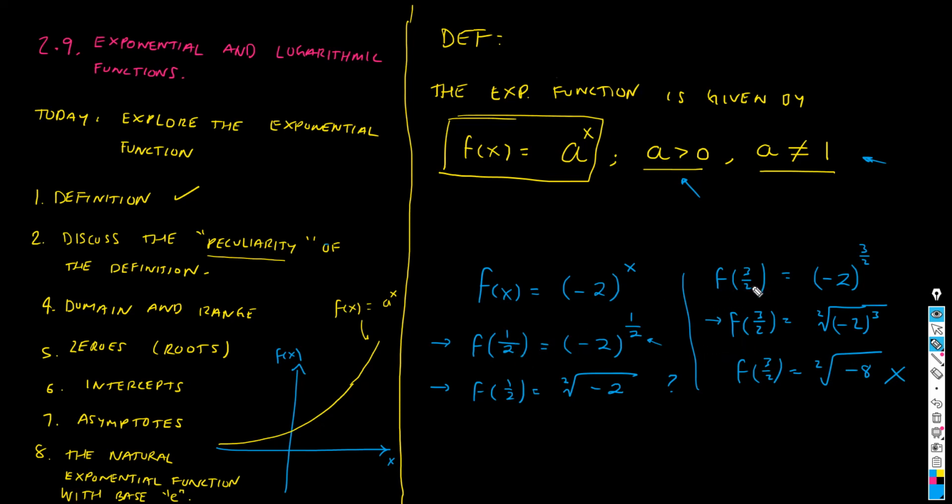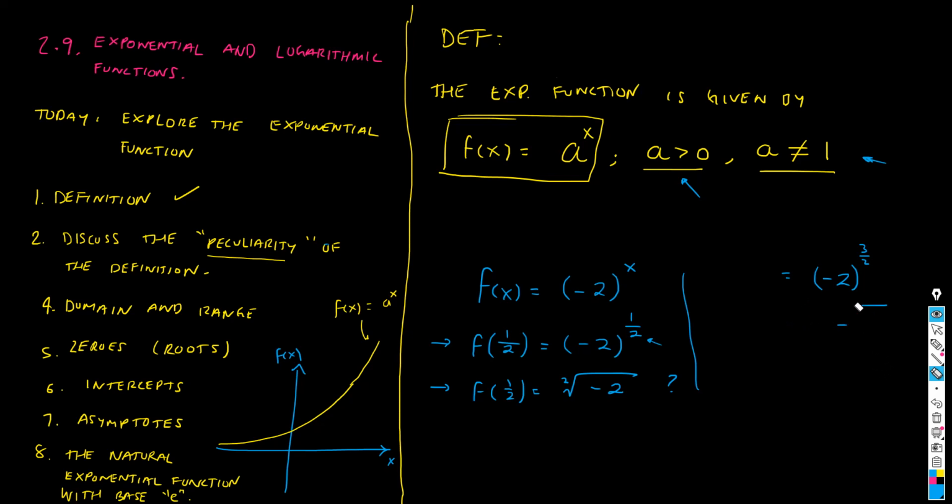Okay, 1/2, 3/2. There's an infinite amount of numbers of x that I would have problems with by allowing a to be a negative number. So mathematicians, being simple-minded people, in the sense that they don't like to complicate themselves. I always tell that to people. People think that mathematicians like to complicate things. No, they don't.